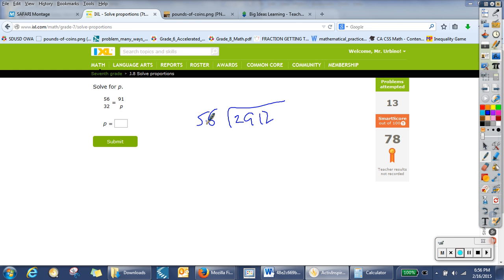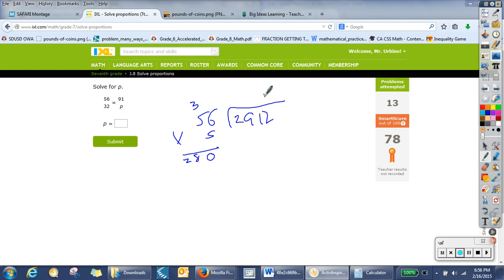So I can say that 60 times about 5 will give me 300. Let's see if that's right. So I'm just going to use that with this number. 6 times 5 is 30. Carry 3. 5 times 5 is 25. Plus 3 gives me 28.